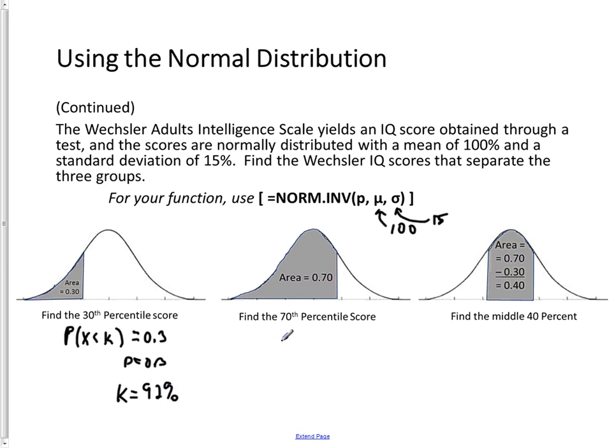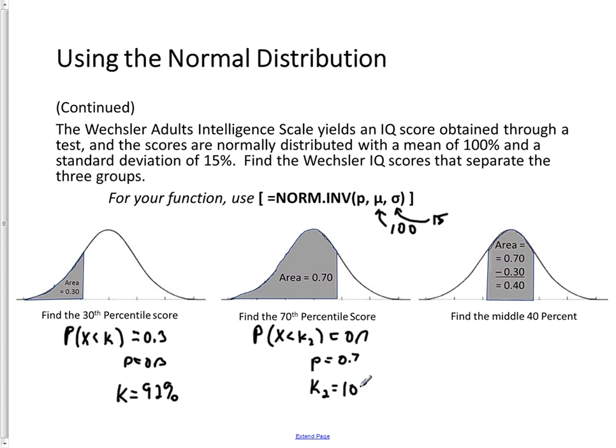For our second score, where the probability that x is less than this value, which we'll call k2 to make it different from the first one, was 0.7, we found that k2 was equal to 107.86.